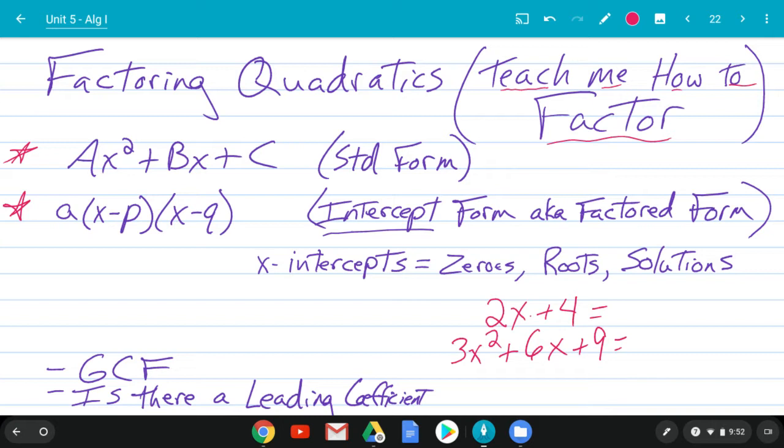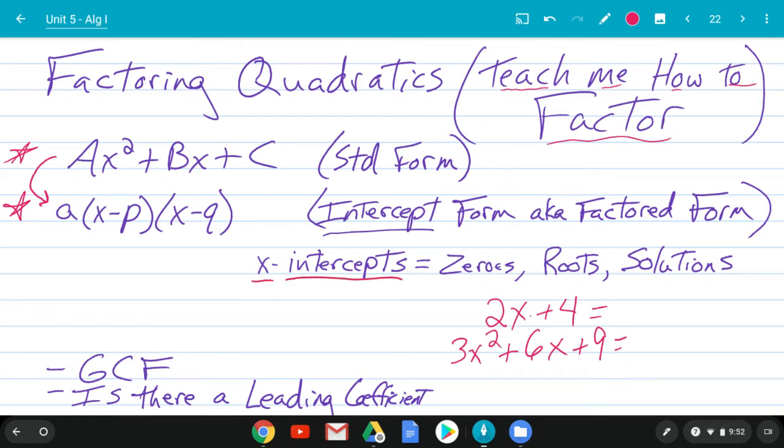What we're going to do today is take quadratics that are in standard form, and change or manipulate them and put them into intercept form or factored form. This allows us to see our x-intercepts quickly.